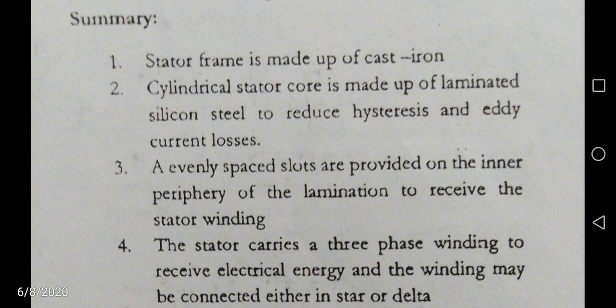Now, this is the summary of the construction of the induction machine. From the construction of the induction machine, there is an overview. Stator frame is made up of cast iron for small machines and cast steel for large rating machines. The cylindrical stator core is made up of laminated silicon steel to reduce the hysteresis and eddy current losses.